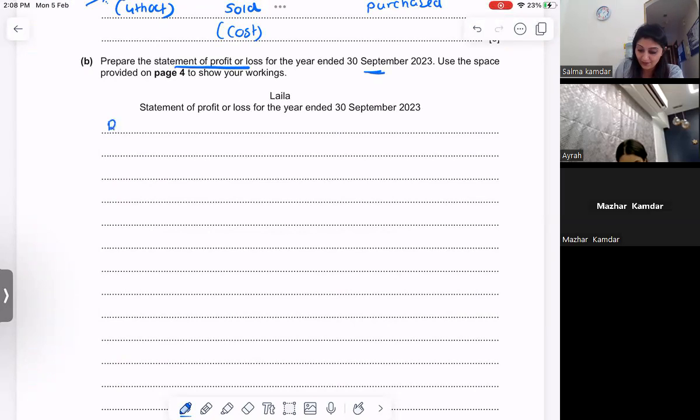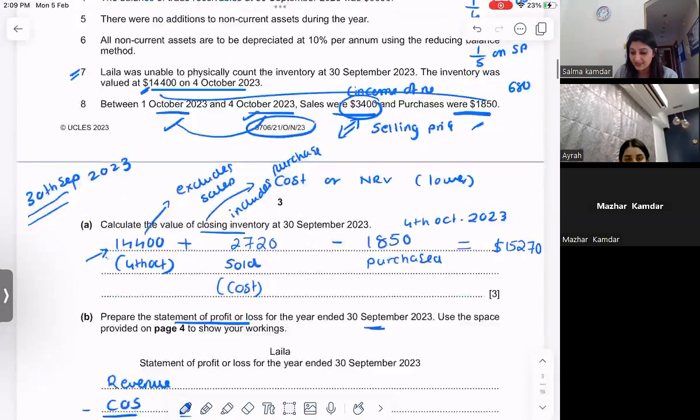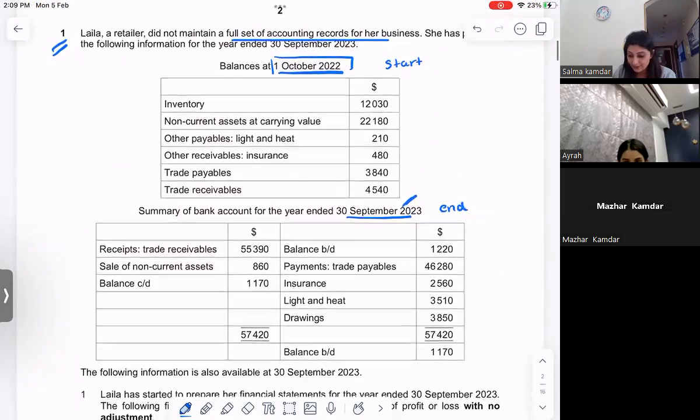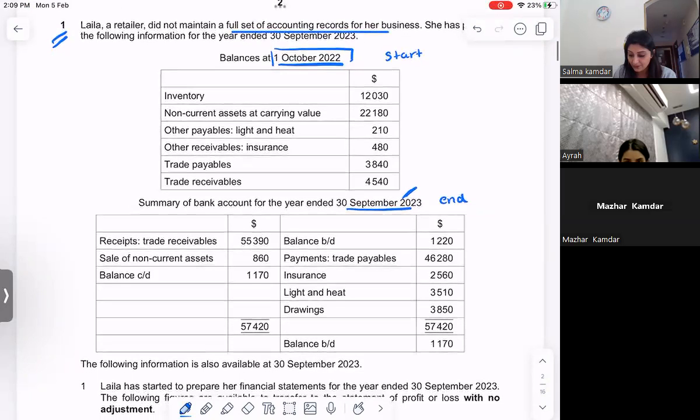That means you need your revenue minus your cost of sales, you get your gross profit, you add other income and minus other expenses. Are you with me? Yes, Miss. So your first target is to go and get your revenue. Do you have your revenue?